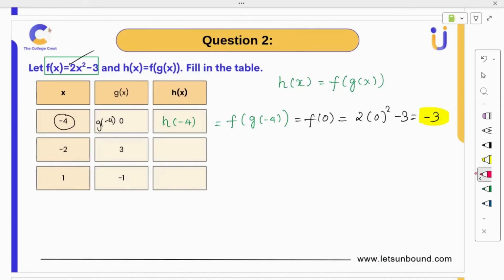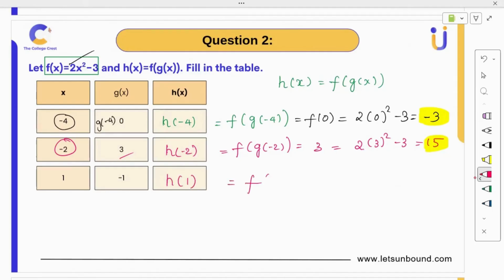Okay. Similarly, we should do h of negative 2, which is f of g of negative 2. g of negative 2 is 3. Then 2 times 3 squared minus 3, which is 2 times 9, 18, 18 minus 3, 15. And here we go. Same thing, h of 1, which is f of g of 1, equal to f of negative 1.